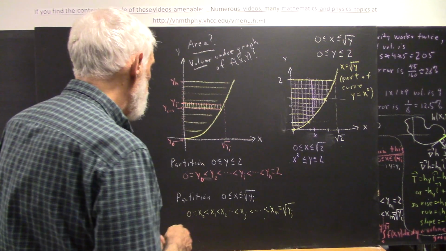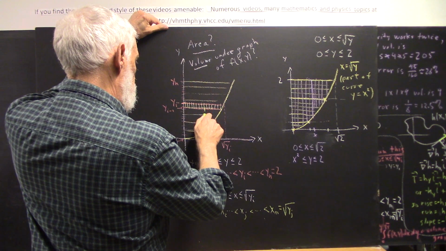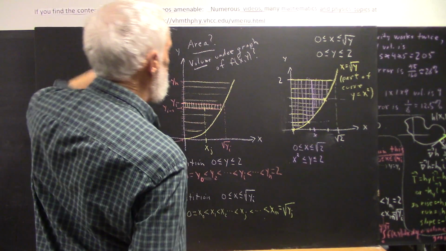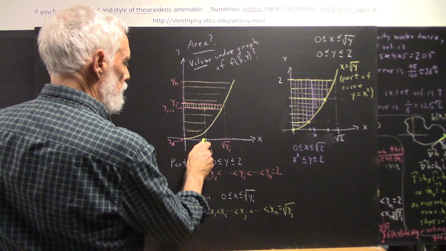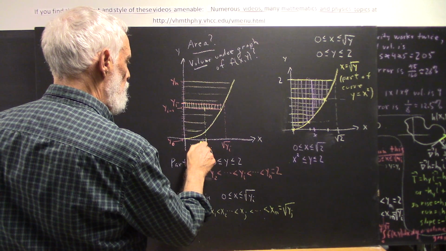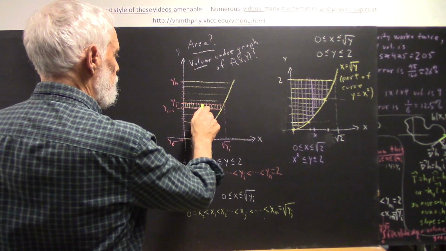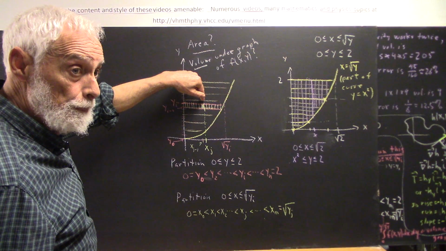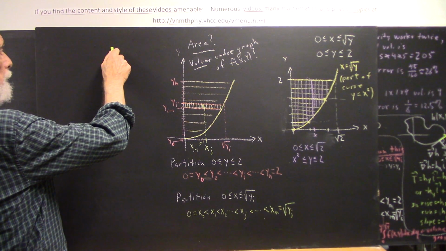Now if x sub j is here, let's say that's x sub j, then the interval from x sub j minus 1 to x sub j, where x sub j minus 1 would be here, would correspond to this little region of the graph. Okay, well, that little region, let's sketch it a little bigger over here.